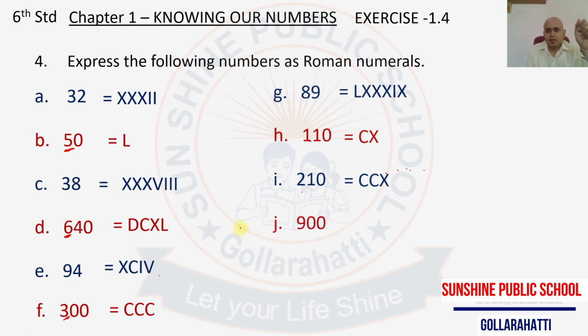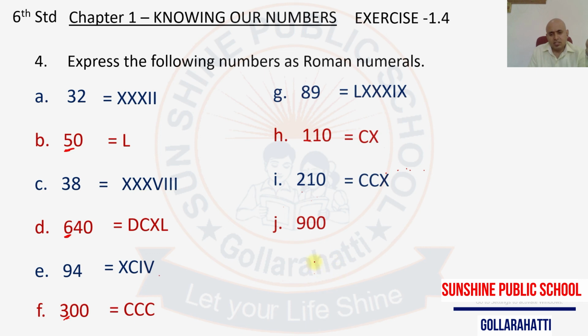Next question is 900. For 900 you can't write D plus 500, 600, 700, 800, 900; you can't write that. It is more than 3 times, and you can't repeat the same digit more than 3 times. So for 900 you have to write 1000 minus 100.